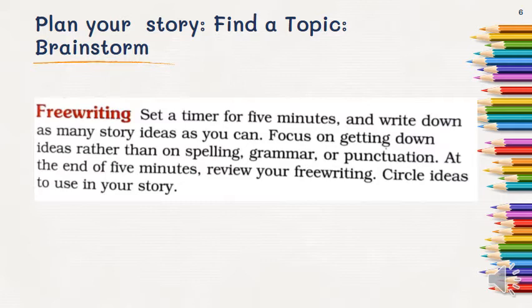This is like the brainstorming we usually do. Focus on getting down ideas rather than on spelling, grammar, or punctuation. Just write the ideas. At the end of 5 minutes, review your free writing. Circle ideas to use in your story. Choose whatever you like from them.